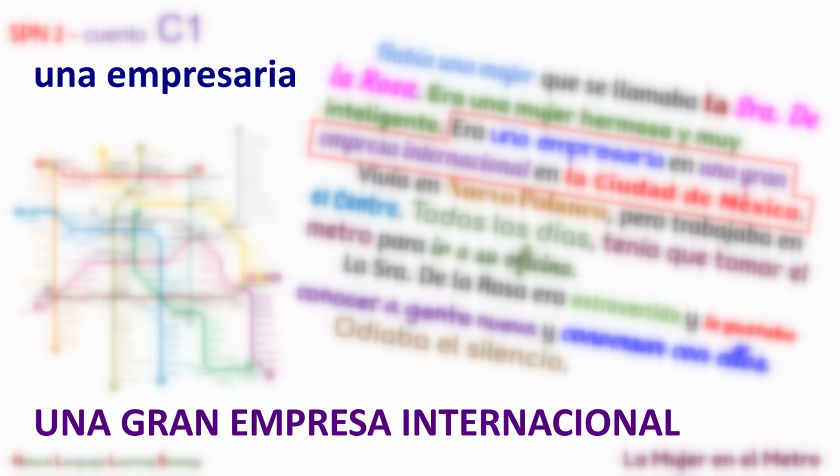So, a male entrepreneur or businessman would be an empresario, while a female entrepreneur or businesswoman is an empresaria. As I just mentioned, una empresa is a business. So what would a gran empresa internacional be? Exactly, a big, a great, or a grand international business.